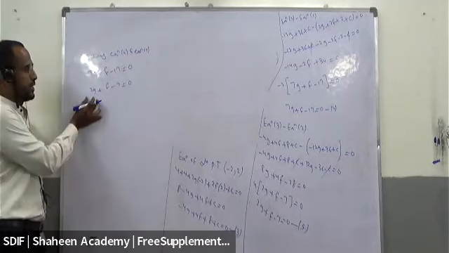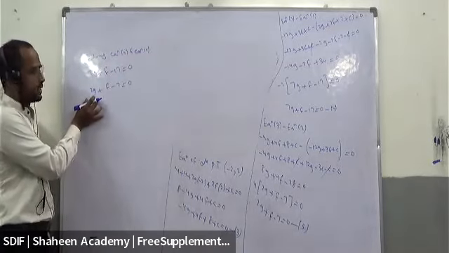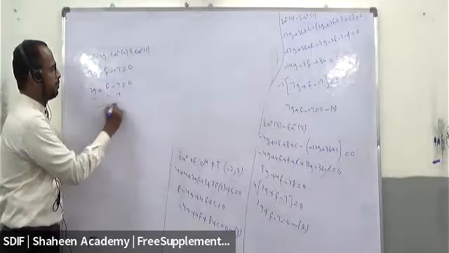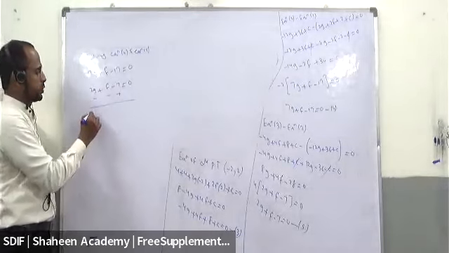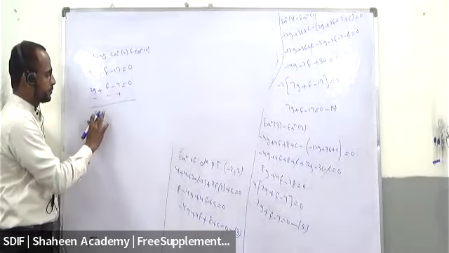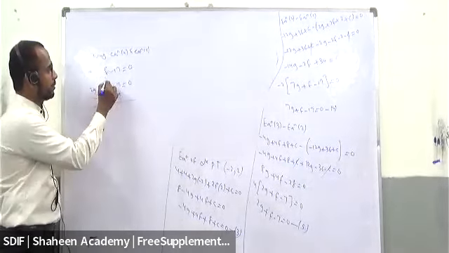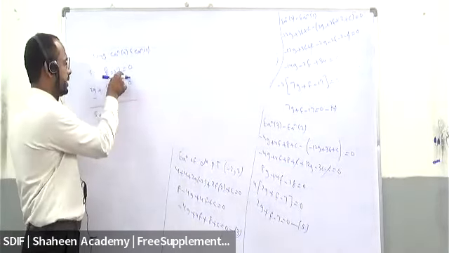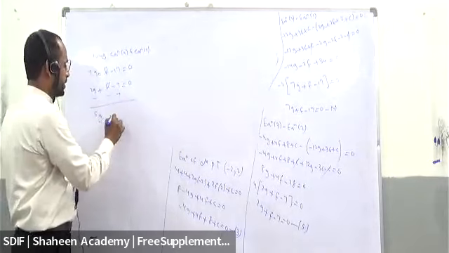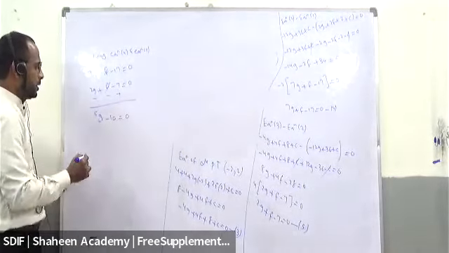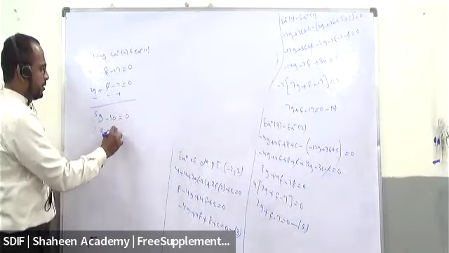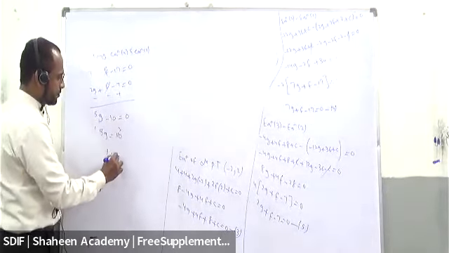Here I am changing the signs of these terms, minus, minus, and this becomes plus. 7g minus 2g is 5g. Plus f minus f get cancelled. Minus 17 plus 7 is minus 10 is equal to 0. So 5g is equal to 10. 5 and 5 get cancelled, g is equal to 2.